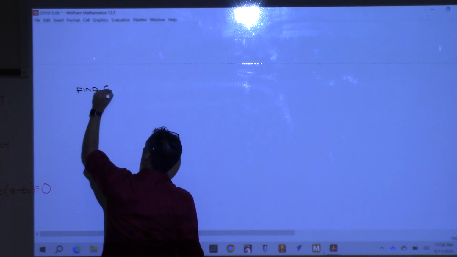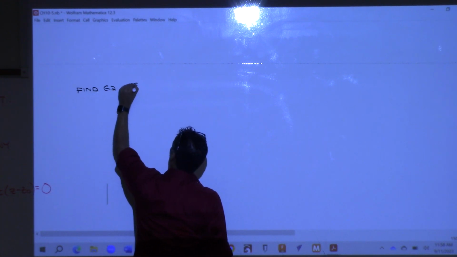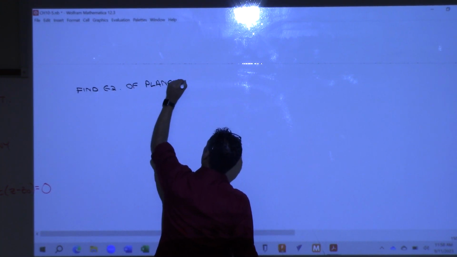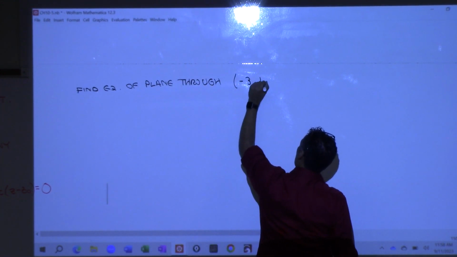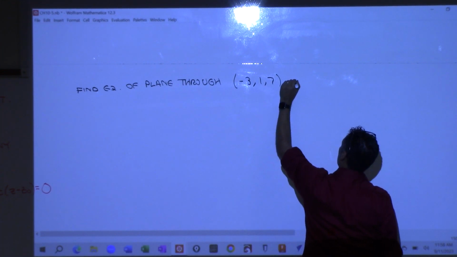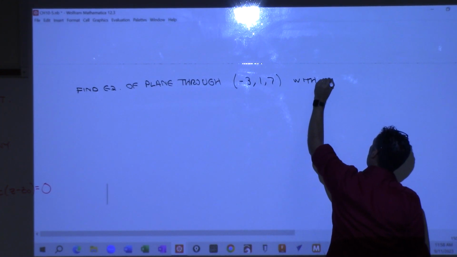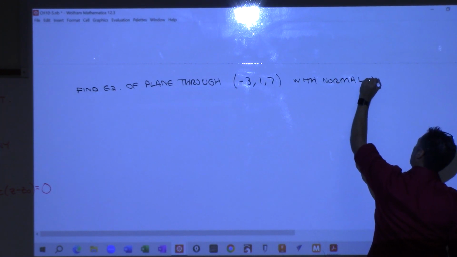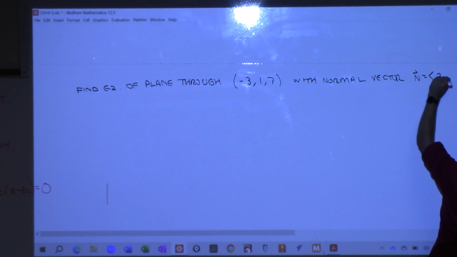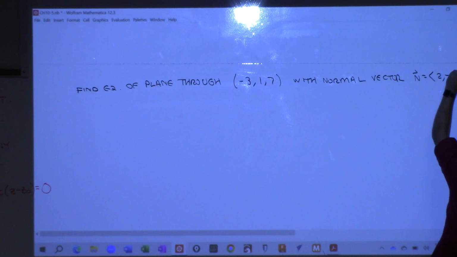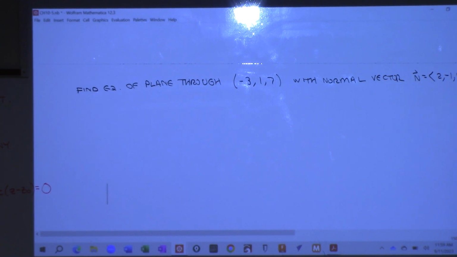Find the equation of the plane through this point, -3, 1, 7, with normal vector n equals 2, -1, 4. This is just to make sure you understand what's going on.